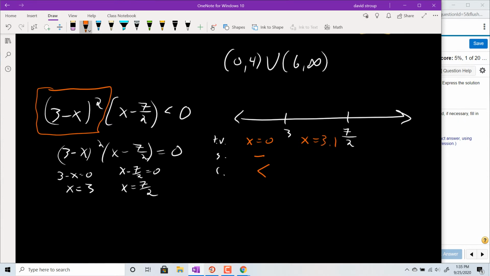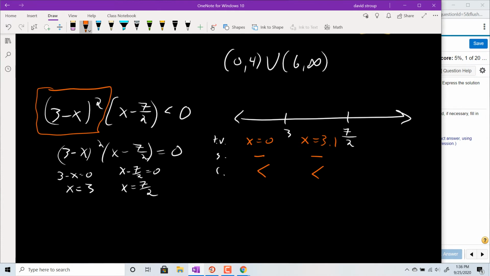If you put 3.1 in there, 3 minus 3.1 is negative, but when you square it, it's positive. And then 3.1 minus 7 halves is going to be negative, because 3.1 is less than 7 halves. So positive times a negative is negative, and it will be less than.